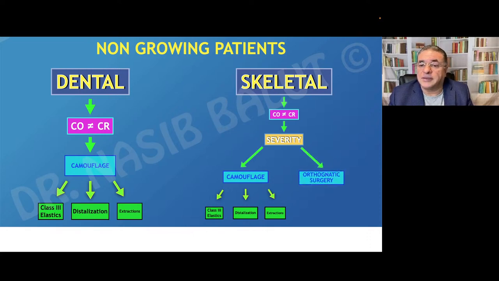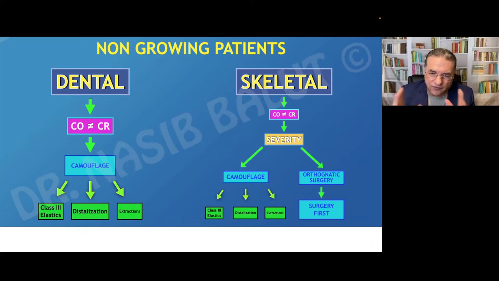Or sometimes I will need to do an orthodontic surgery. Usually class 3 surgical cases, I will do it always with surgery first. I will finish my lecture with one surgery first case treated with the Damon system.